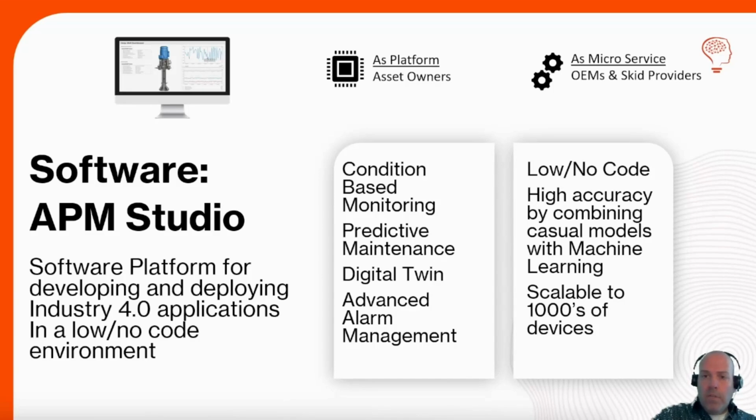If you have an application running with APM, the APM Studio environment can also be available to super users or administrative users to adjust in real time also your control flow logic, your diagnostic models, the ML models that you have loaded, etc.